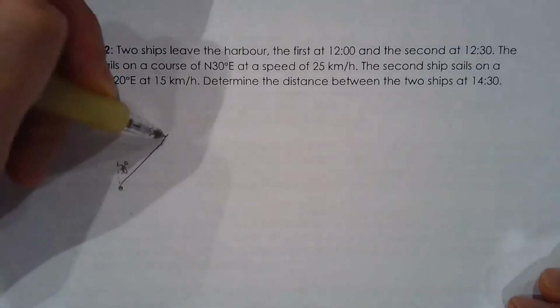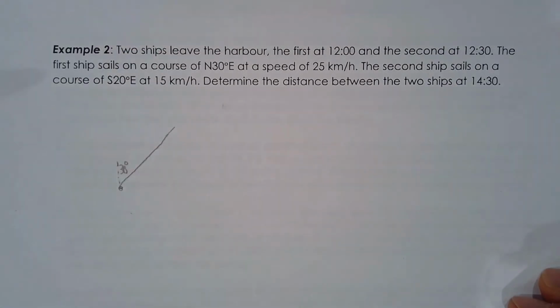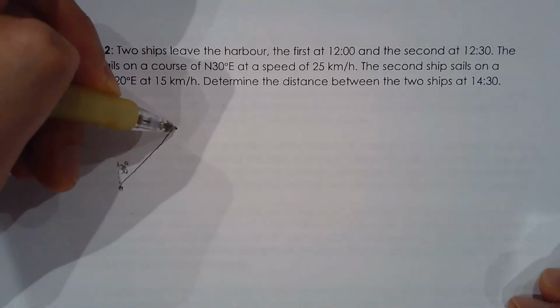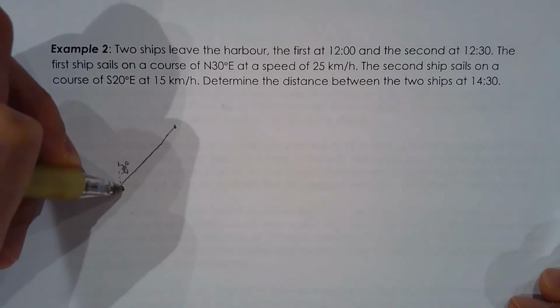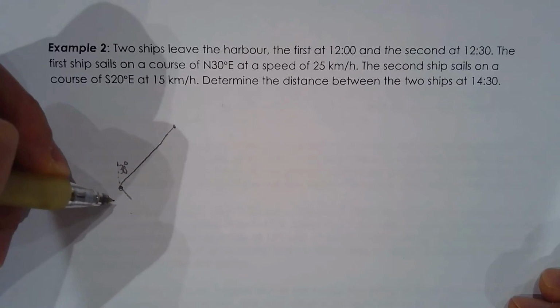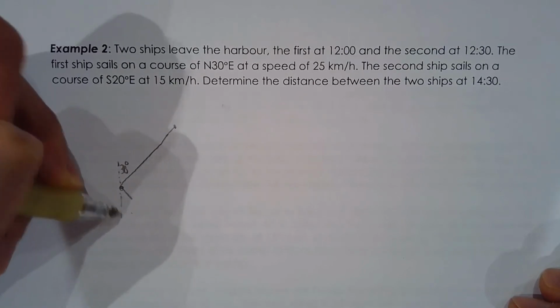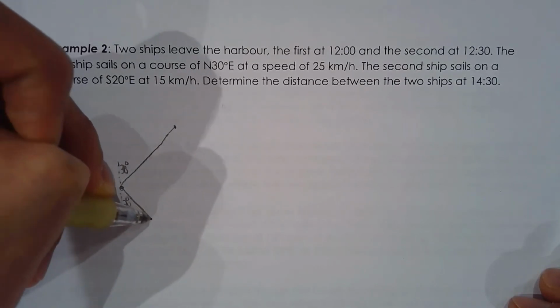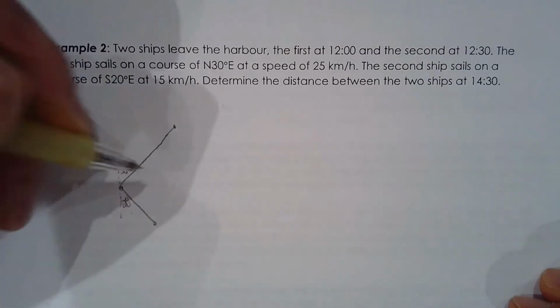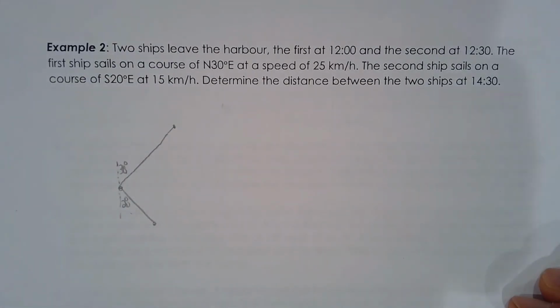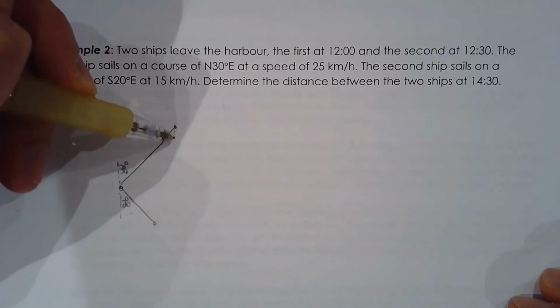Okay, let's go a little further. Then you have another ship that leaves at 20 degrees east of south. And you're trying to find out the distance between the two ships at 14:30.